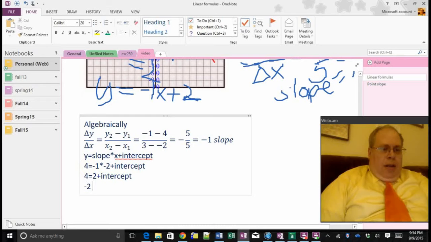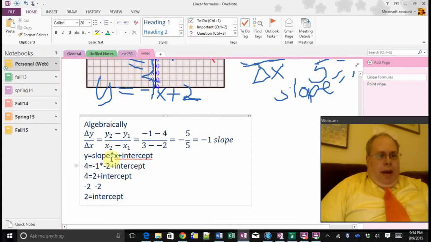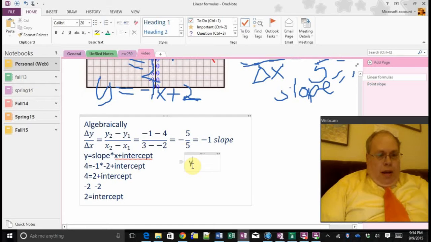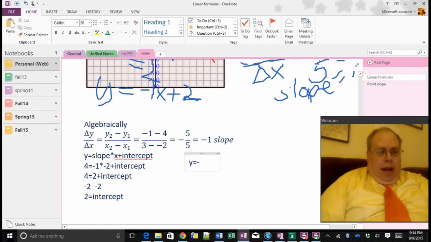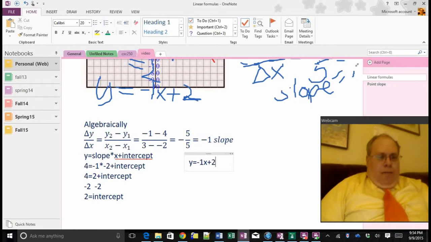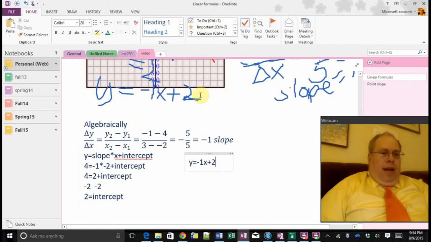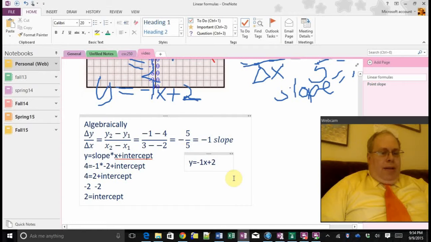We subtract the 2 from both sides to give us 2 is the intercept. So now I know the slope and the intercept, and I can write down the answer. y equals -1x plus 2, which is exactly what we got graphically. So that checks. The graphical and algebraic are both giving me the same answer.